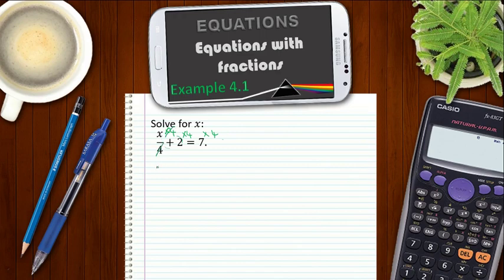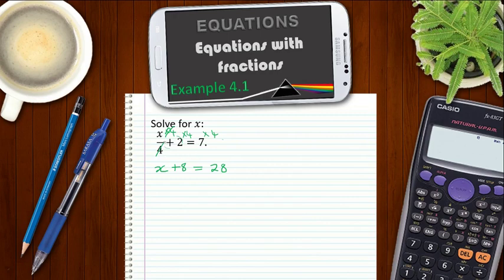So this is then just x, and that becomes 8 when you say 2 times 4, and that's equal to 28. Okay, so in this method, you immediately get rid of your fractions, which is a good thing, because fractions complicate matters, so you want to get rid of them as soon as possible.